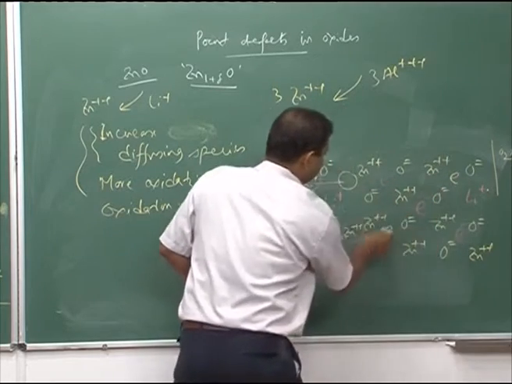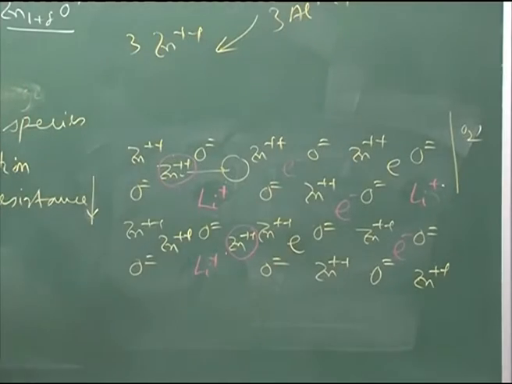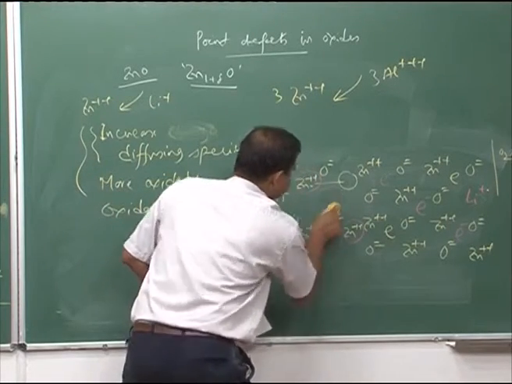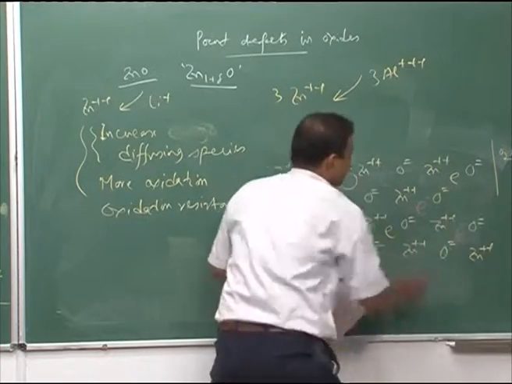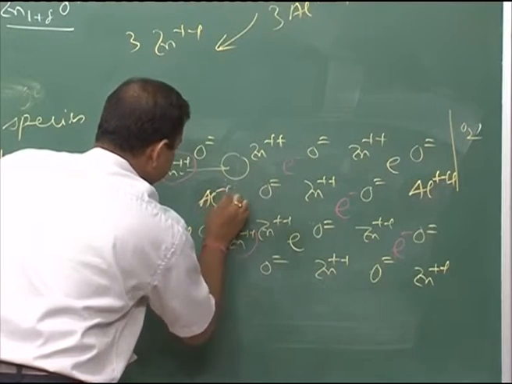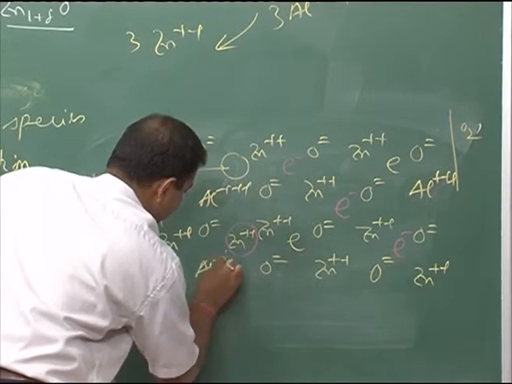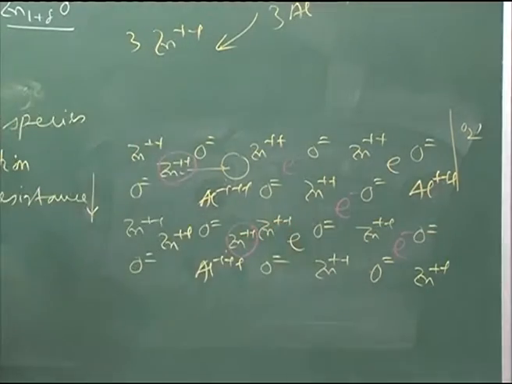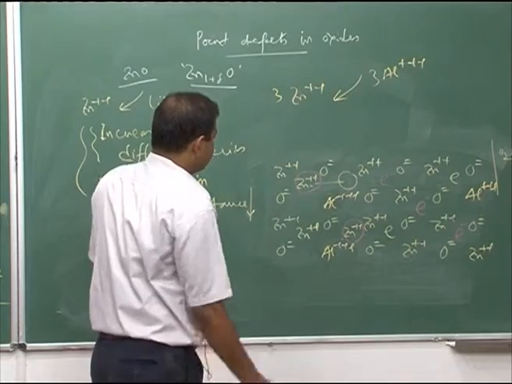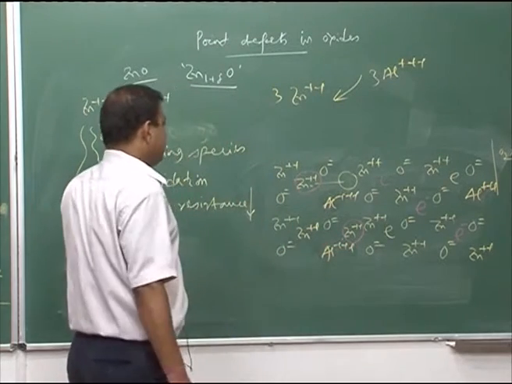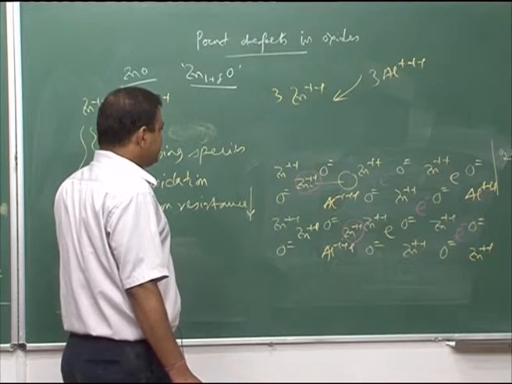So, if we make it 5 electrons, that means we balance. This would be replaced by aluminum plus plus. If we make 5 electrons, we see that 2 extra positive charges are remaining, which are to be balanced.